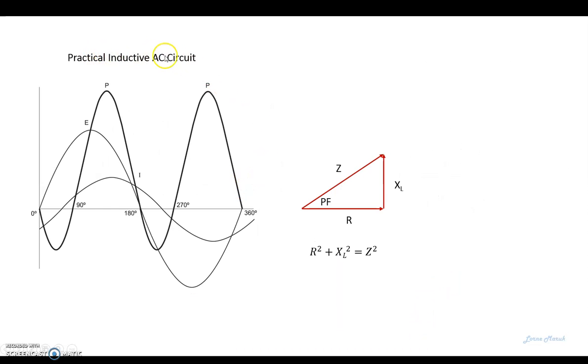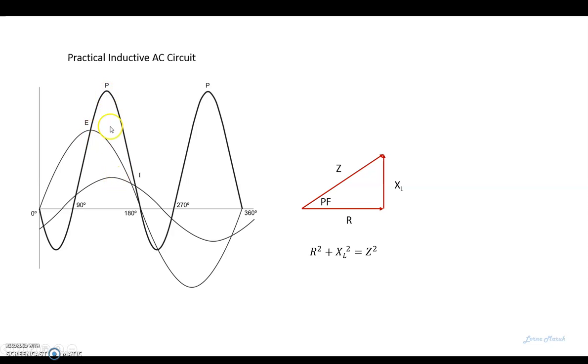In a practical inductive circuit, it will have some resistance and some reactance. Generally a lot of reactance, because that's what they're designed for, but because they're basically coils of wire with an iron core, the wire does have some resistance. We can represent a practical inductor with our impedance triangle, and we can see that we have some wattless power, but we also have some watts.